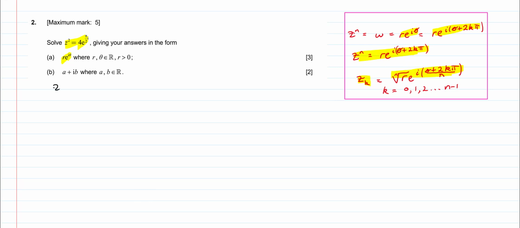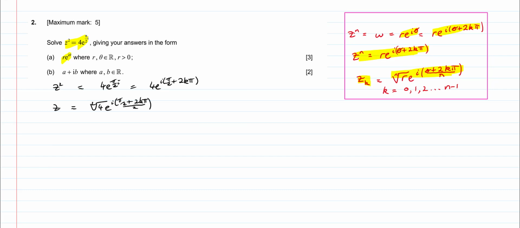So we have z squared is going to be equal to 4 times e to the pi over 2 times i, and we can write that as 4 times e to the i pi over 2 plus 2k pi. So now using de Moivre's theorem and just taking the square root of both sides, we're going to get z is equal to the square root of 4 times e to the i pi over 2 plus 2k pi all over 2.